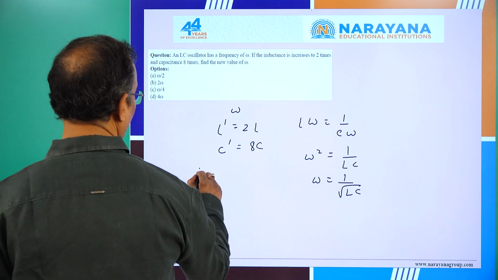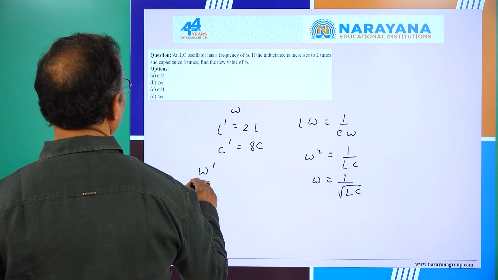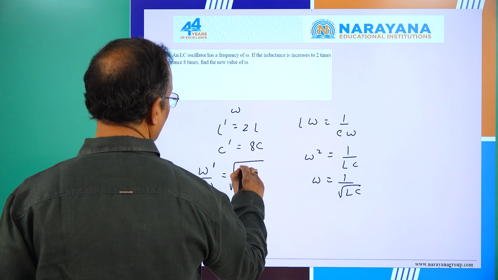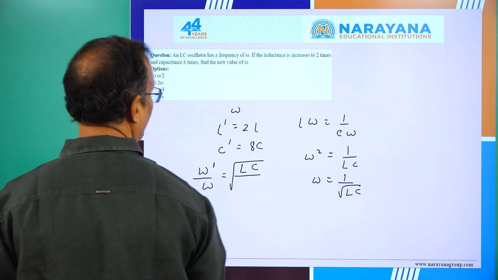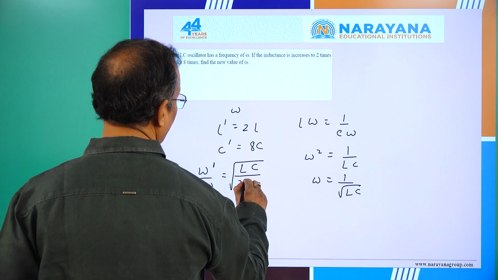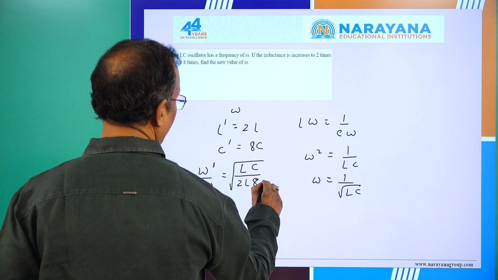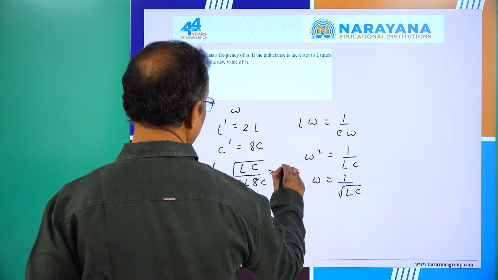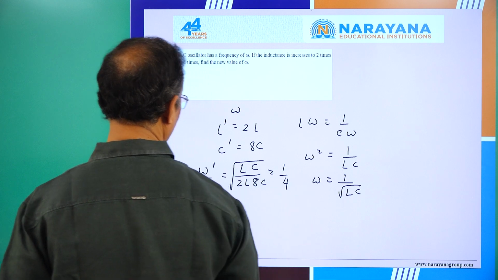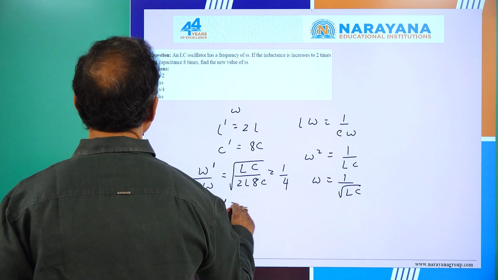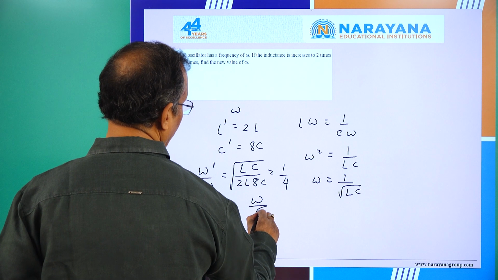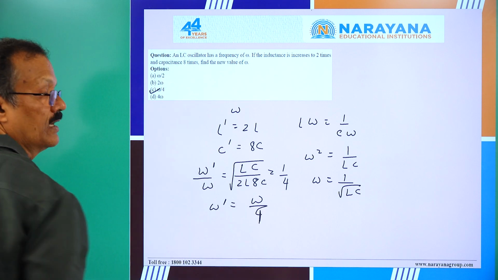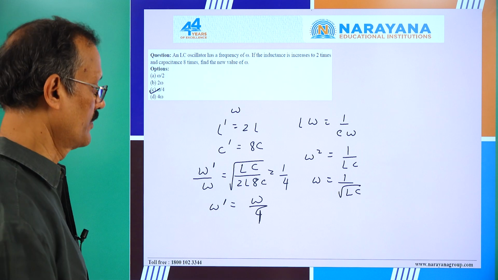We want omega dash by omega, which will be equal to under root LC by L dash C dash, that is under root LC by 2L into 8C. So this will become 1 by 16, means 1 by 4. Omega dash will become omega by 4. Your answer will be C, omega by 4.